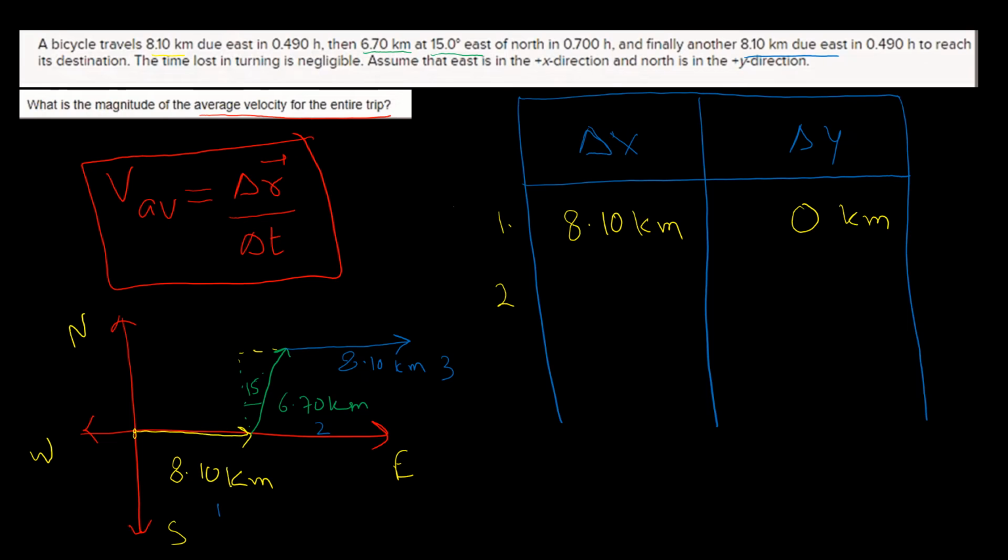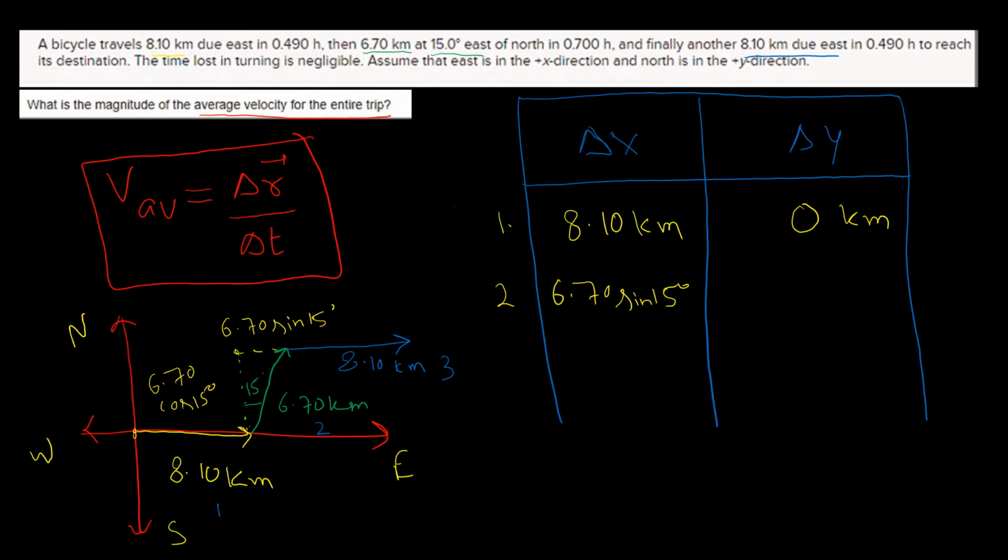Now if you see this right angle triangle, we have two components for this vector. The x component is along this perpendicular, and this is going to give us 6.70 sine of 15°, and the base of this triangle will be 6.70 cos of 15°. So the x component for this second vector is 6.70 sine of 15°.